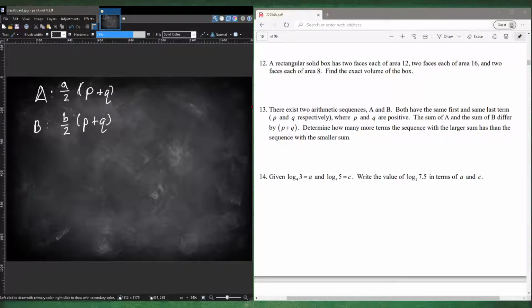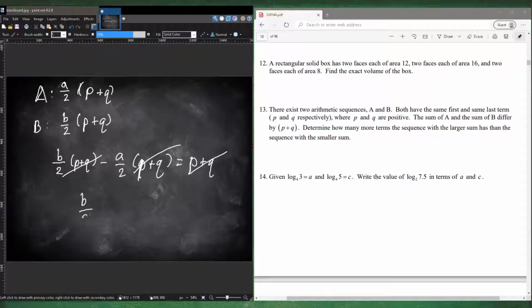So let's say B minus A. Let's say B is greater than A. So B over 2 times (P plus Q) minus A over 2 times (P plus Q) equals your difference, which is P plus Q, which is what they gave us. So we can divide by P plus Q from both sides.